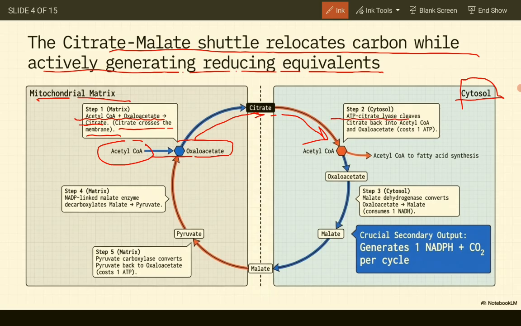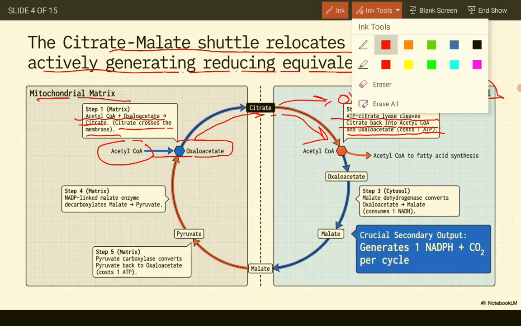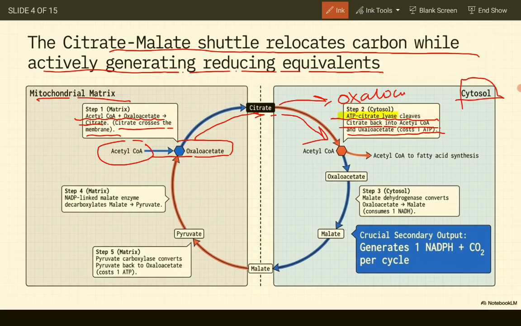Step 2: ATP citrate lyase cleaves citrate back into acetyl CoA and oxaloacetate, costing 1 ATP. Citrate is broken down into acetyl CoA and oxaloacetate through the enzyme ATP citrate lyase.